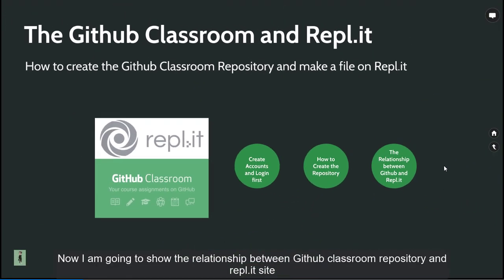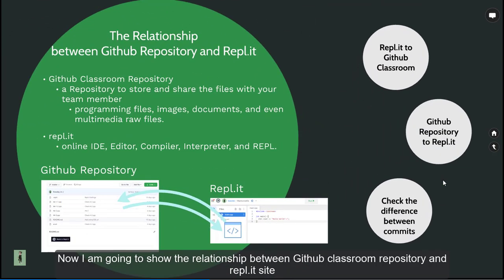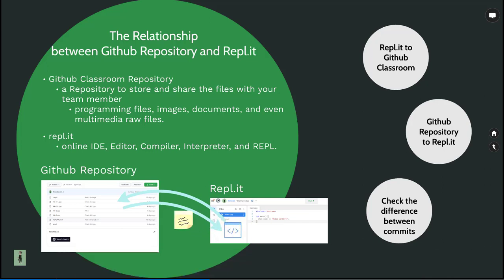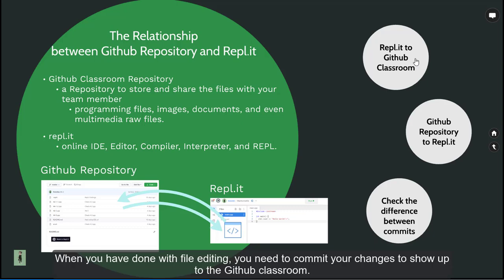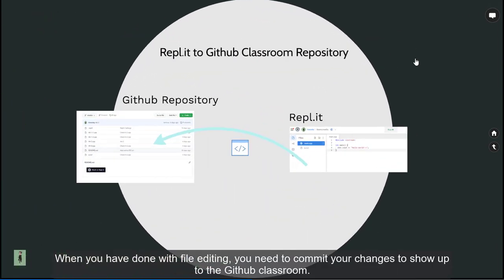Now I'm going to show the relationship between the GitHub Classroom repository and your Repl.it site. First, I'm going to show the way we can show the Repl.it file in the GitHub Classroom. When you have finished editing the file, you need to commit your changes to show up in the GitHub Classroom.